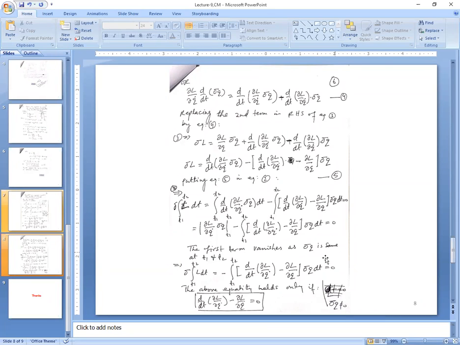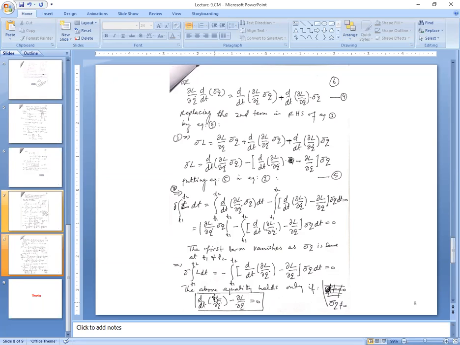The first term vanishes as delta q is the same at T1 and T2. We are left with these terms, and the integral is 0. As delta q cannot be 0, this coefficient must be 0. So we are left with these terms, and in fact, this is the Lagrangian equation of motion.